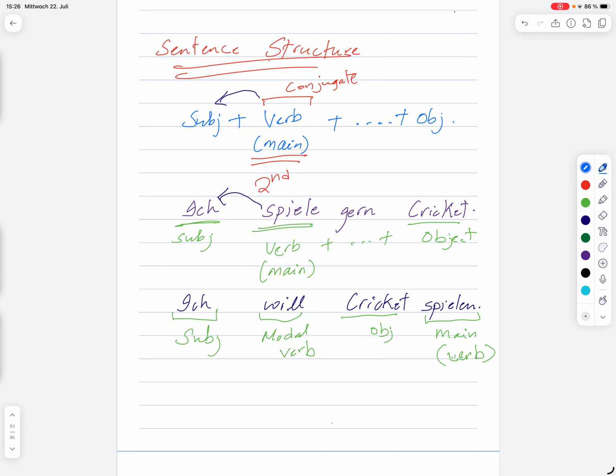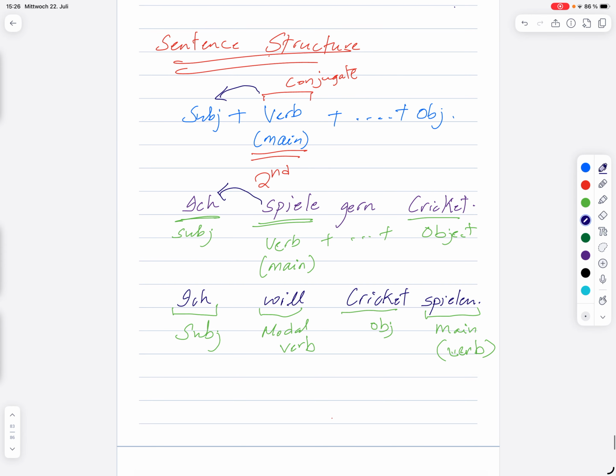Now, what are the rules in this one? When you use modal verbs, the modal verb is always in the second position. The main verb goes at the end, right? And then you conjugate the modal verb according to the subject, ich, right? And then you have everything else in between, information, with the object and main verb.